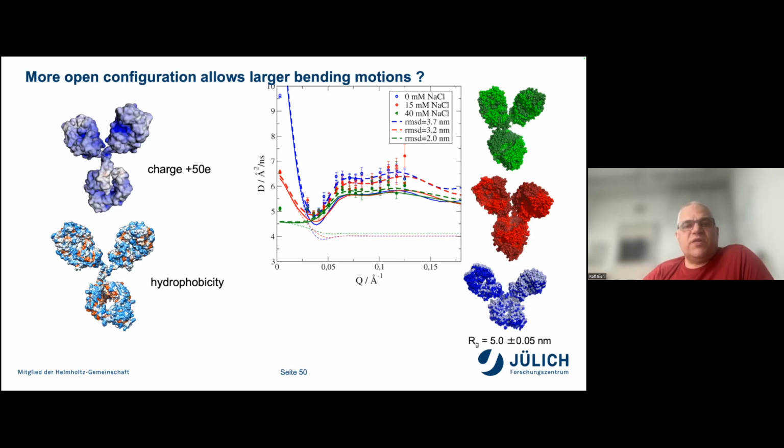If you have a more closed configuration, there is no space for large motions. In that way, the static observation might be related to the dynamics. To clarify if there is more behind it, one would really need computer simulations to see how the interactions change this behavior.